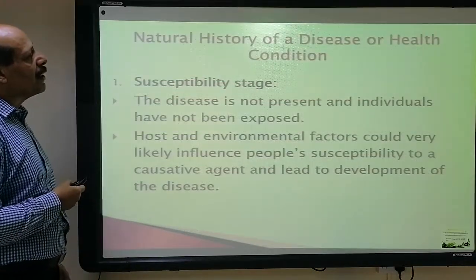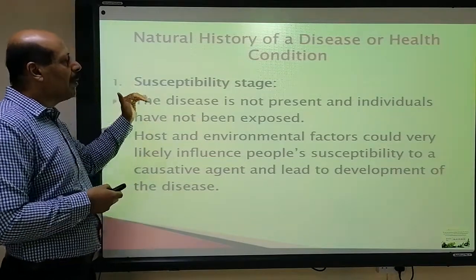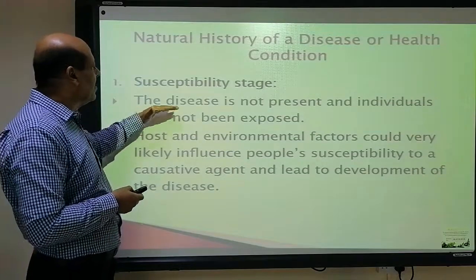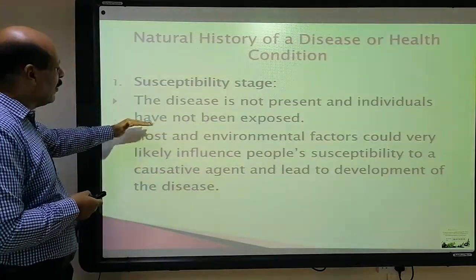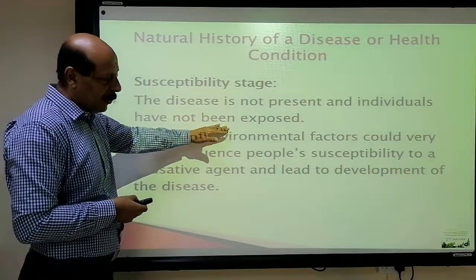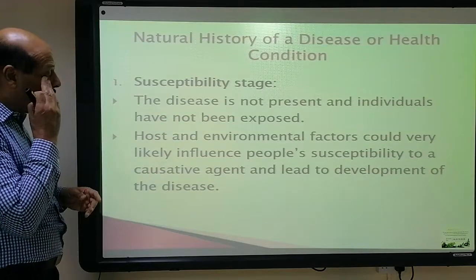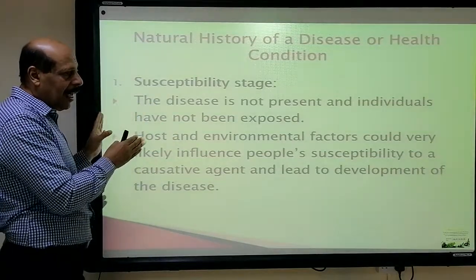In the natural history of disease or health condition, we are studying the susceptibility stage. In the susceptibility stage, the disease is not present and the individual has not been exposed. So here they are susceptible because they still do not have the disease.